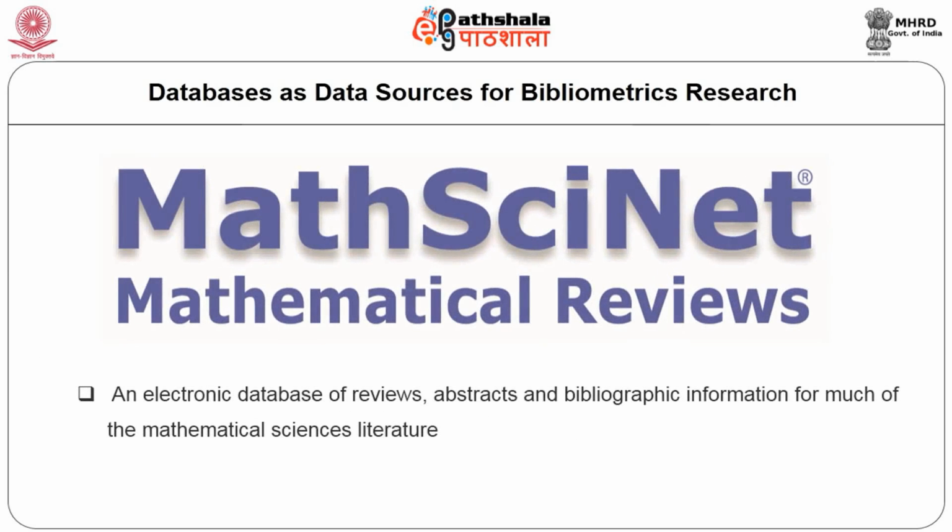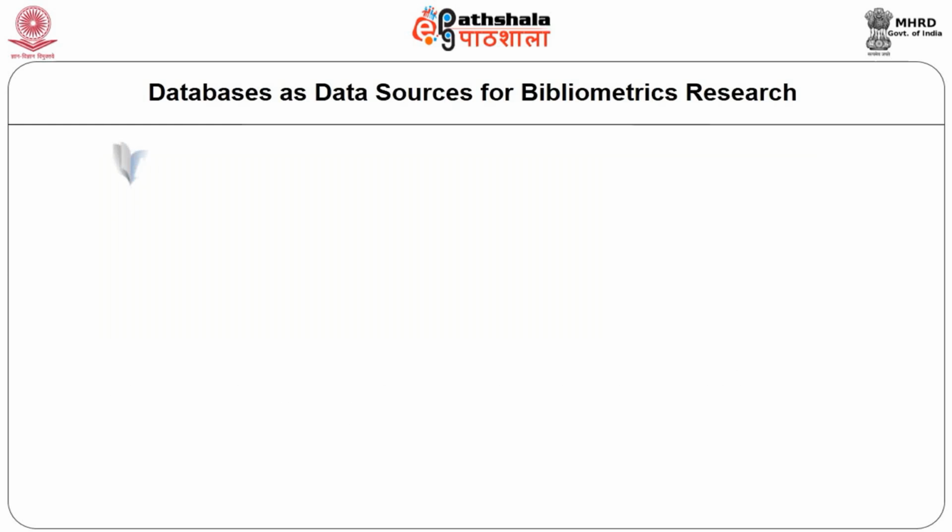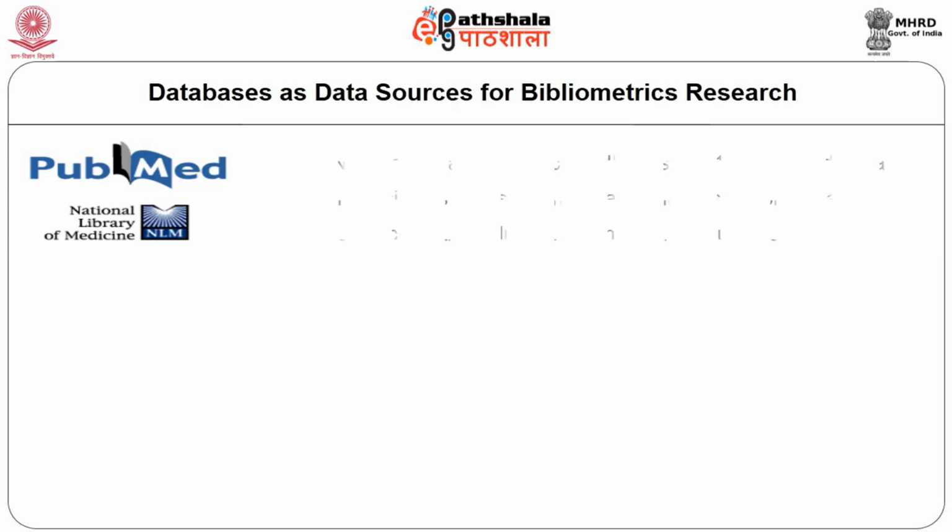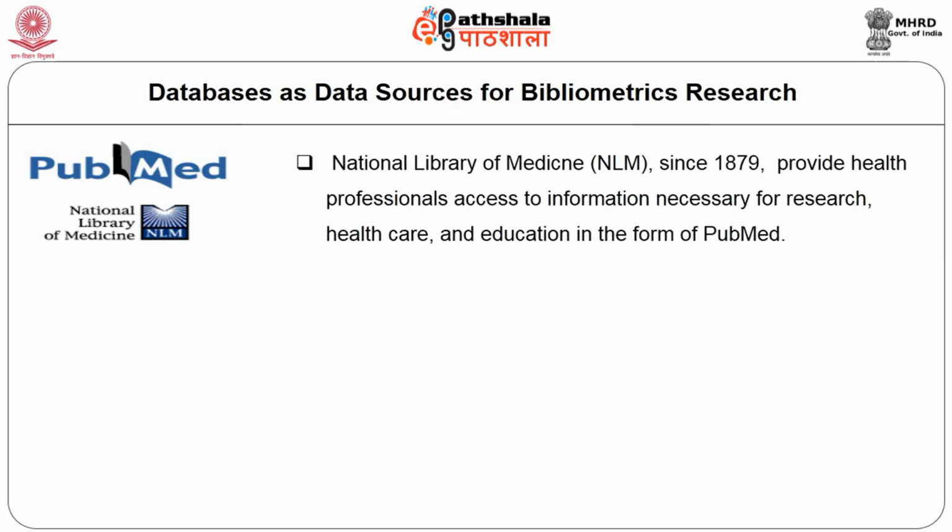Similarly, you have different databases in different subject fields. For example, MathSciNet is an electronic database of reviews, abstracts and bibliographic information for mathematical sciences. PubMed is a widely used data source in the field of medicine. It covers the literature from 1879 onwards.